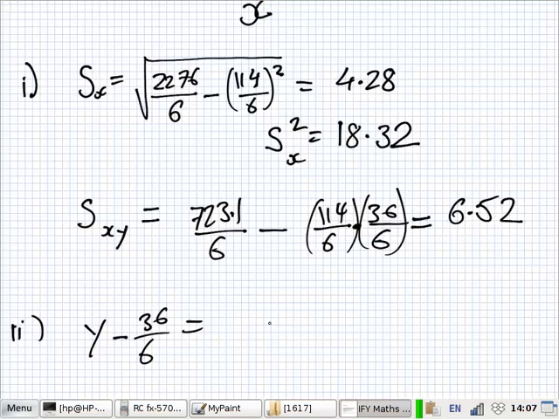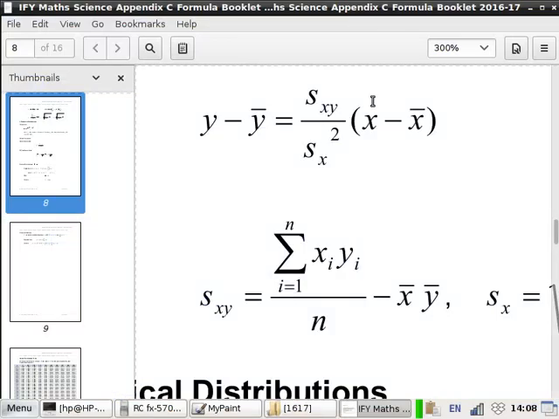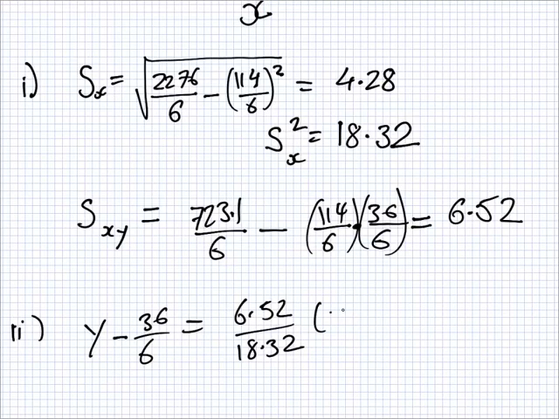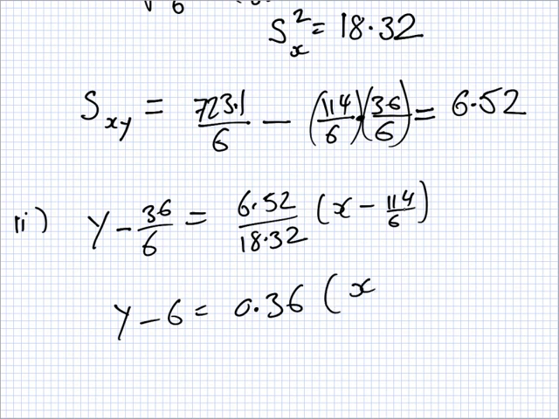So that would be 6.52 over 18.32, times x minus the average of x. Average of x is 114 over 6. Okay, so I just need somebody to give me this fraction, please, as a decimal. What is it? 0.36. And is this a decimal as well? 6? 19.